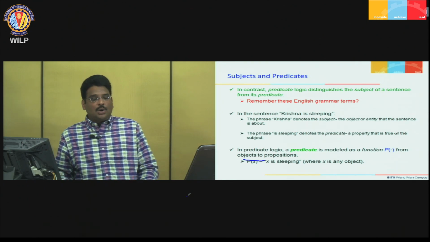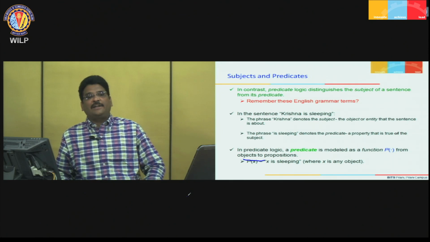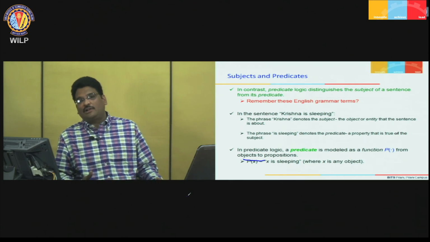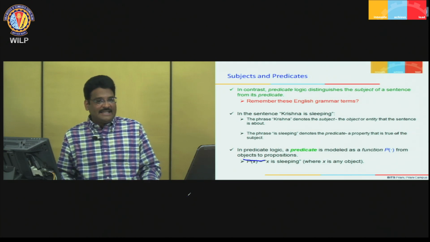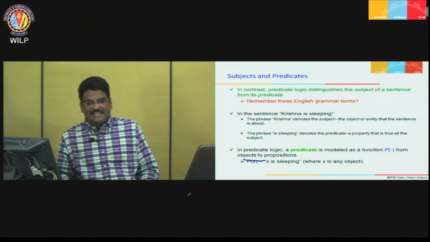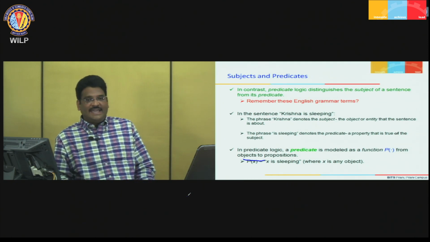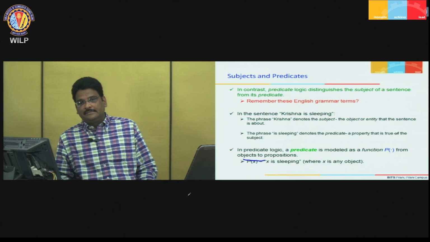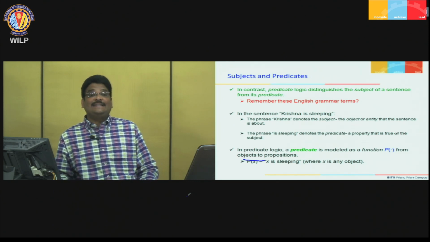Okay, so this has been fully exploited by this particular branch called predicate logic. Basically, if you take this example, Krishna is sleeping, we represent it in predicate logic as: X is sleeping. I'll say P(x) equals x is sleeping; P(x) is a predicate.